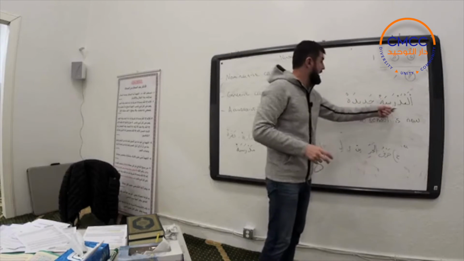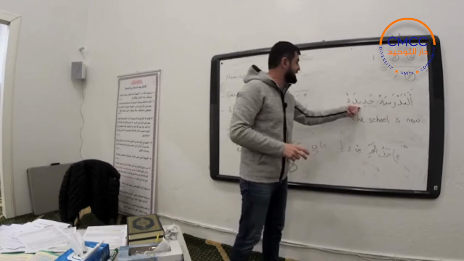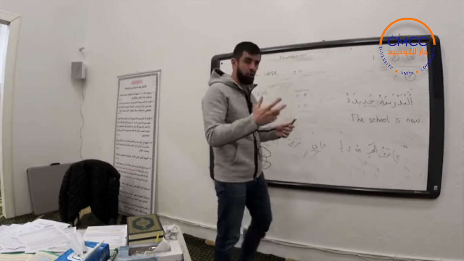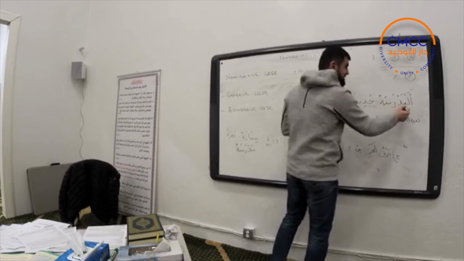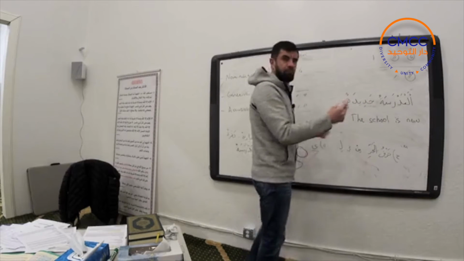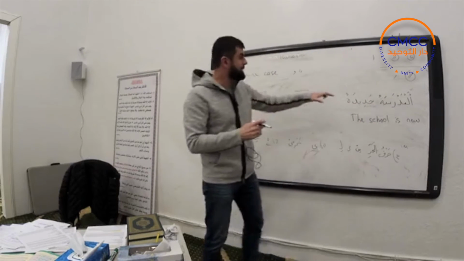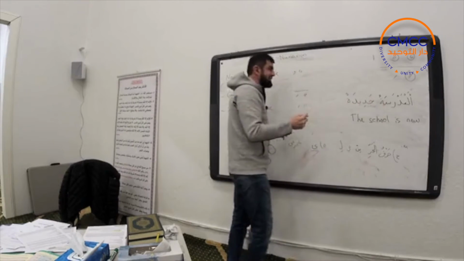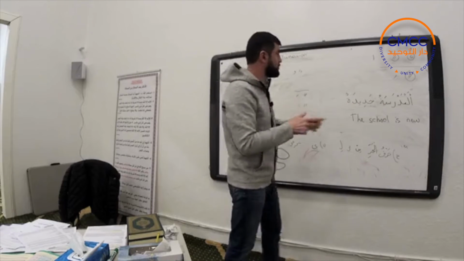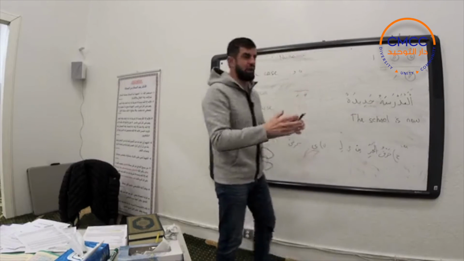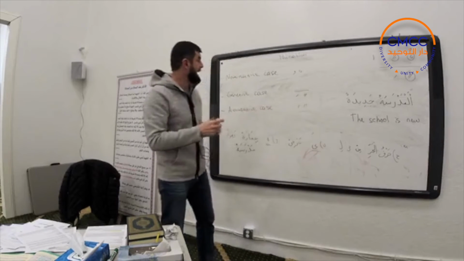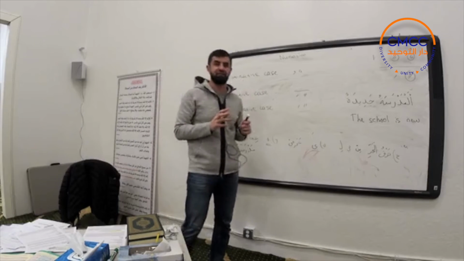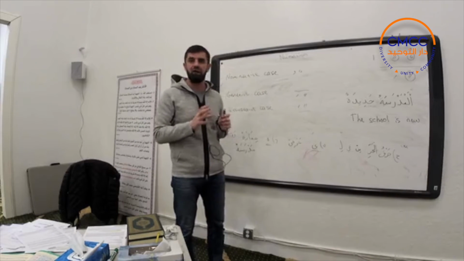Okay, so al-madrasatu jadidatun. This one, for example, is a subject, right? And there is a predicate. So this sentence consists of two nouns, the subject and the predicate, and both of them are in the nominative case.